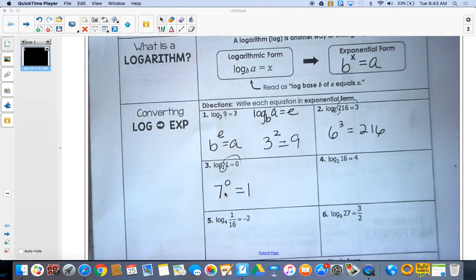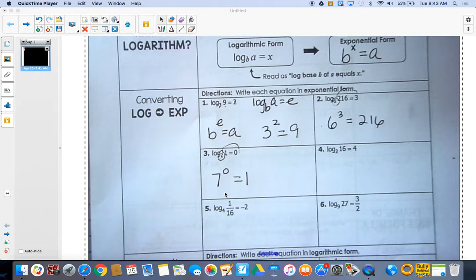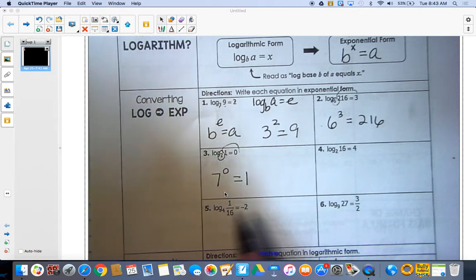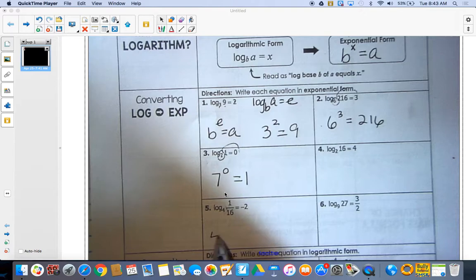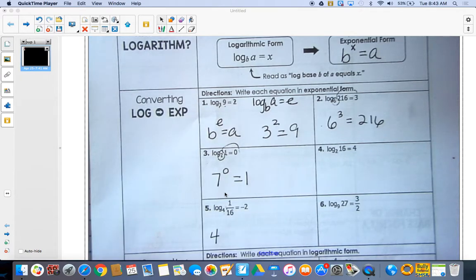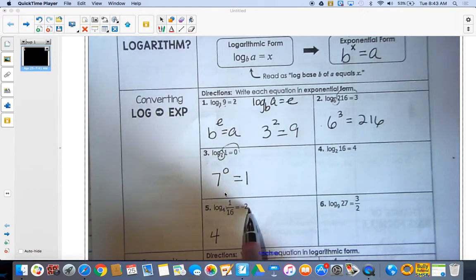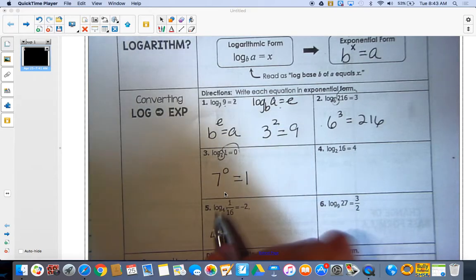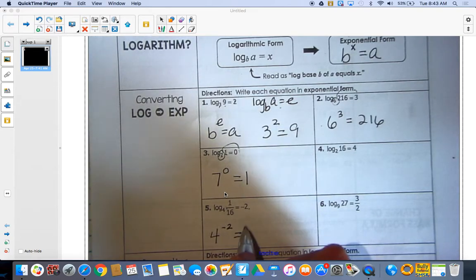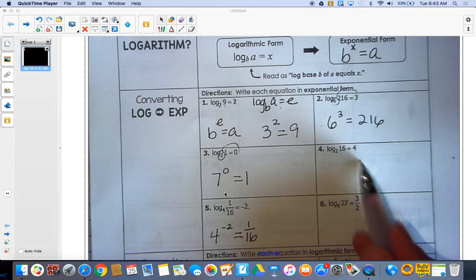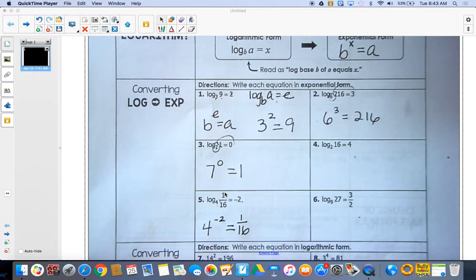I'm going to go down to number 5, and just because you have fractions, you're not evaluating anything, you're just rewriting it. So our base is 4. Which number represents our exponent? The negative 2. Remember, it equals our exponent. So 4 to the negative 2 equals 1 over 16. Now you do number 4 and 6 on your own.